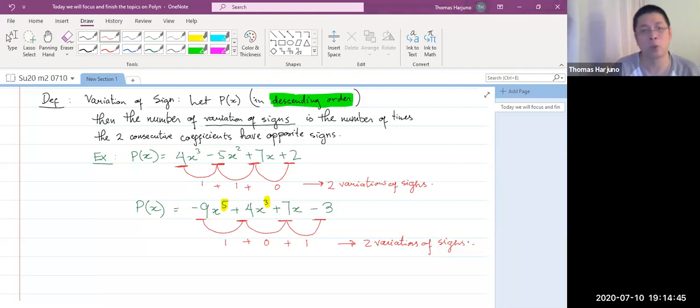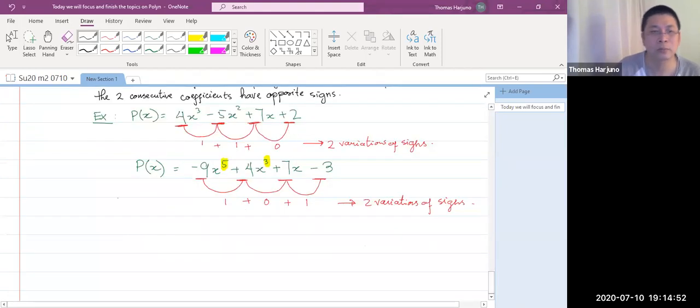Now, then, what Descartes says is the following. What the Descartes rule of signs says is the following. There are two parts, but I will do the first part first, okay?